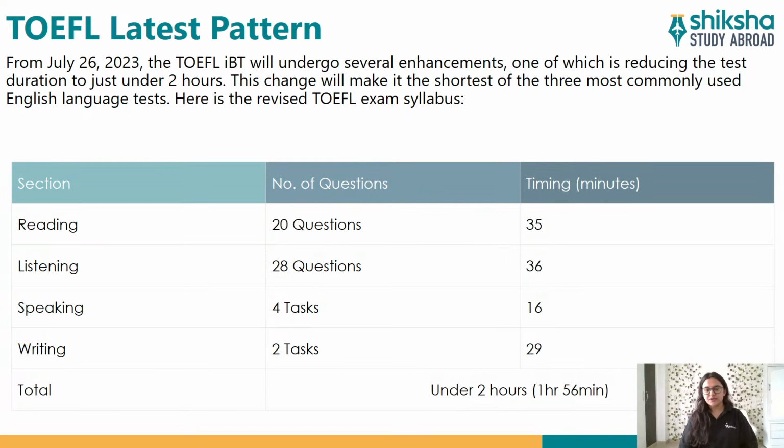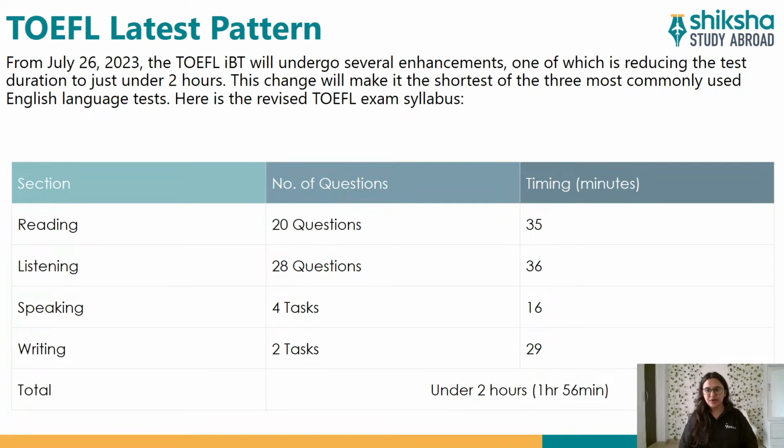The same goes for speaking. Speaking will have 4 tasks as before, so there is no particular change in the speaking module, and the timing will be 16 minutes to complete those 4 tasks. You can just divide the time as per the question. Writing will have 2 tasks, which will take around 29 to 30 minutes, approximately half an hour.